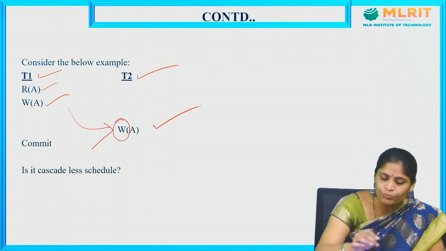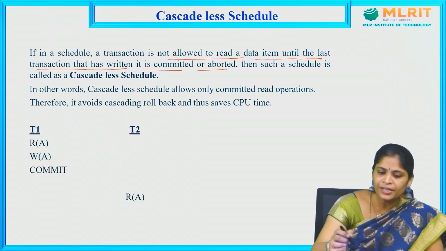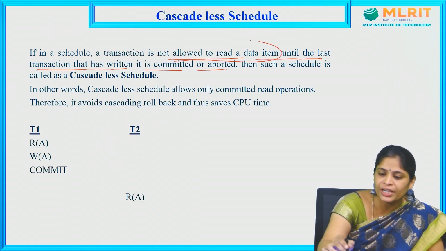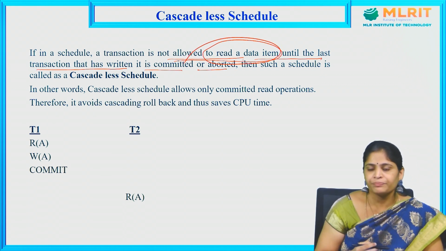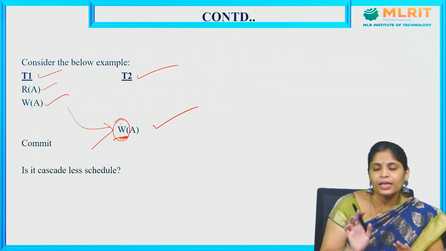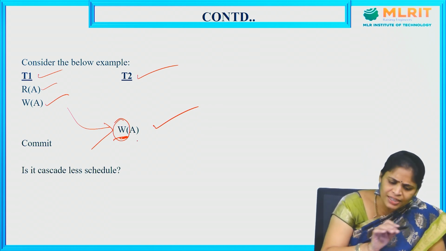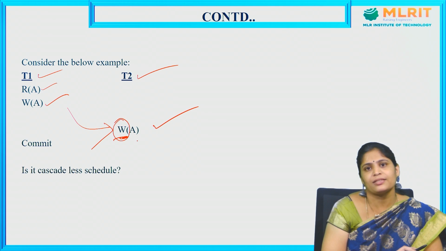It will allow. What is the definition here? It is not allowed to only read a data item, but it allows writing that particular data. It allows an update. So is it a cascadeless schedule? Yes, it is a cascadeless schedule.